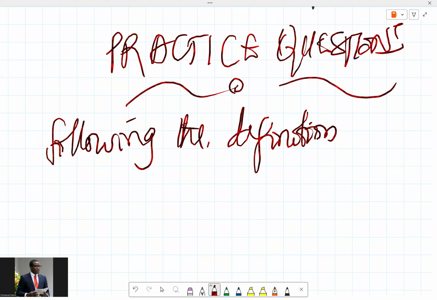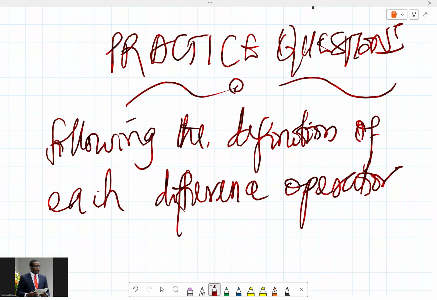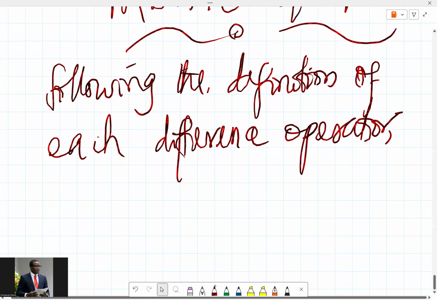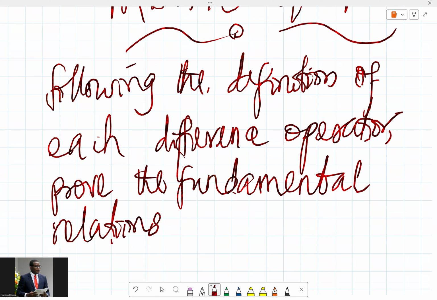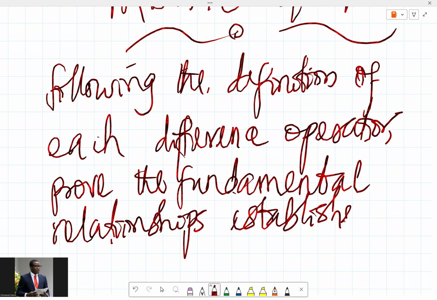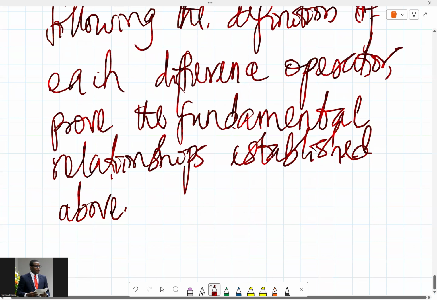So using those kinds of definitions, following the definition of each difference operator, prove the fundamental relationships established above. Those five things I marked.